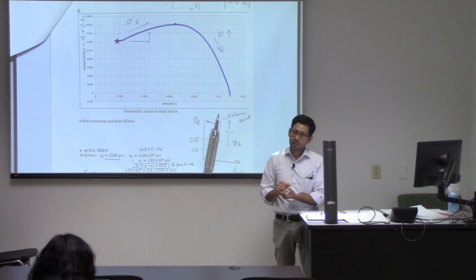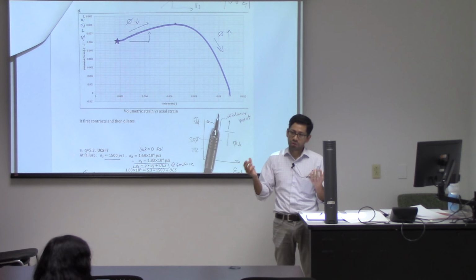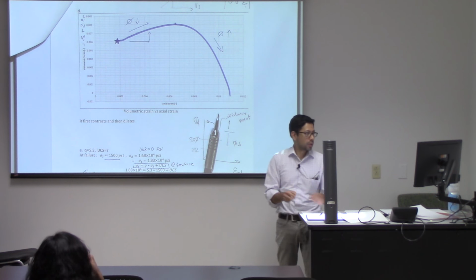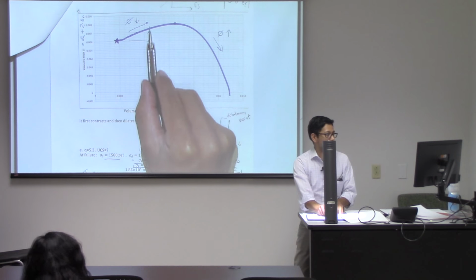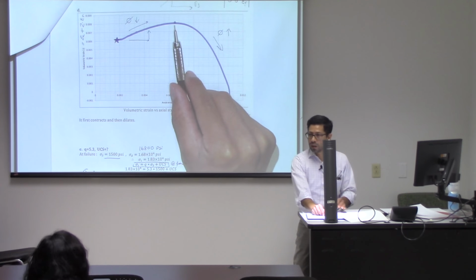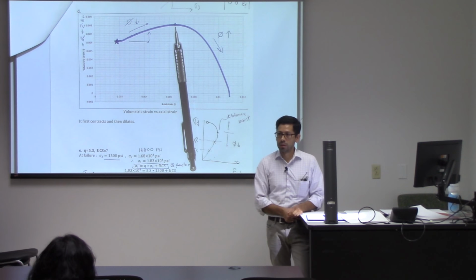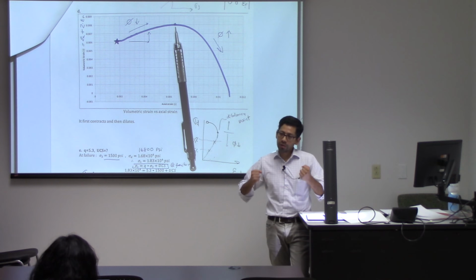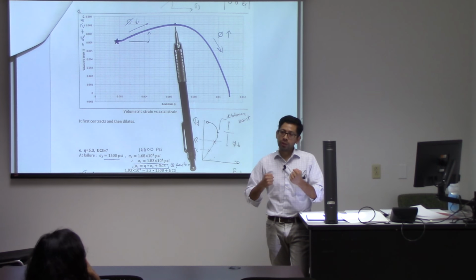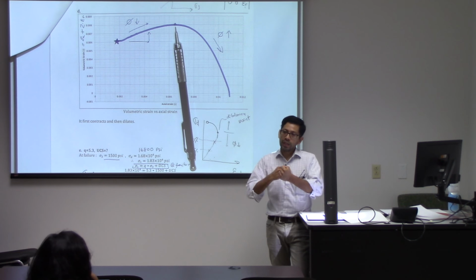So your volumetric strain is positive according to our convention. Contraction is positive for us, so that's why this one increases. But when you get close to failure, there is a phenomenon called dilation. What that means is when the rock starts to fail, actually the volume starts to get larger.